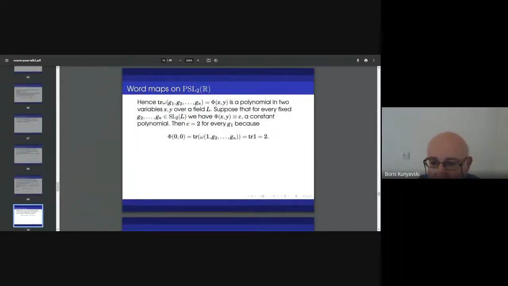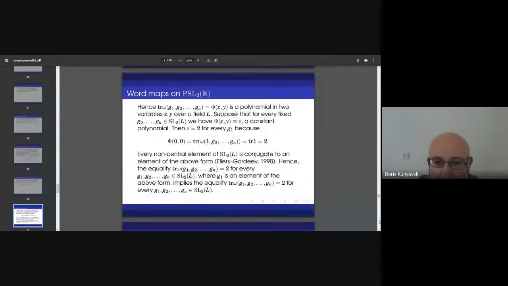Why does this lead us to a contradiction? Because here something non-trivial is hidden. The next sentence is highly non-trivial: every non-central element of SL2 is conjugate to an element of this form. It's a difficult fact proved by Ellers and Gordeev in their seminal work on Ore's conjecture.